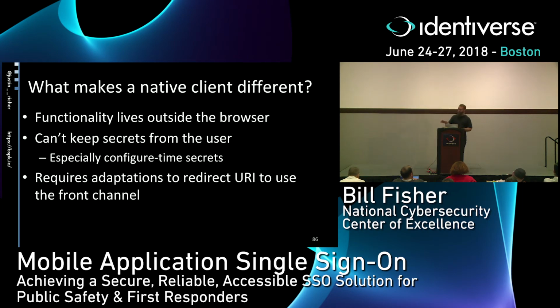Now, we're going to get back to the secrets in a sec because for all of this to come together, I first need to talk about how we manage redirect URIs on native applications. OAuth was written for web server type clients, and the web server type client is going to have URLs that it serves. Makes total sense. However, I'm not running a web server on my phone, usually. Sometimes.